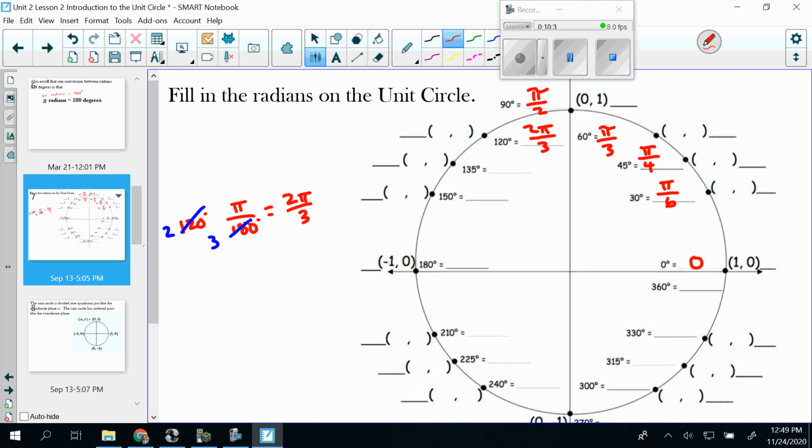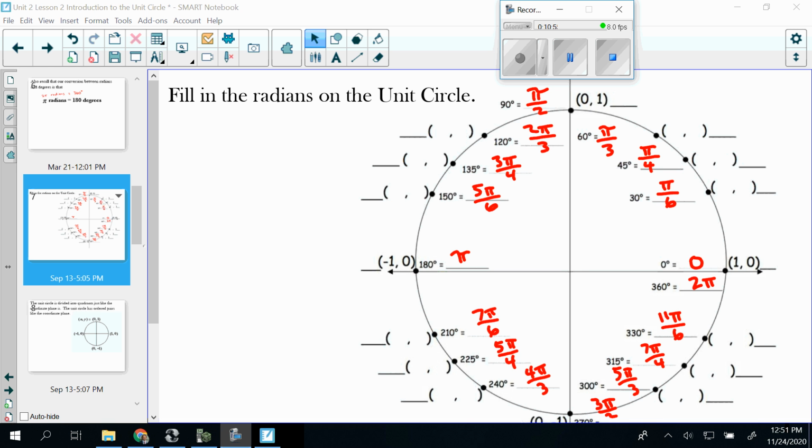All right, and we're just going to keep doing that around the whole unit circle and see what we get. You're just going to get a bunch of fractions that have pi in there describing what this angle is. So why don't you pause the video and see if you can go around and fill in the rest of these, and then we'll check them out here.